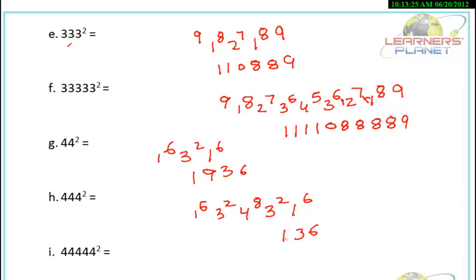We'll write 1 over here and 1 will be carried. Then 4 plus 2, 6 and 1, 7. Then 3 plus 6, 9 and then 1. So what is the square of 444? That is 197136. Okay.